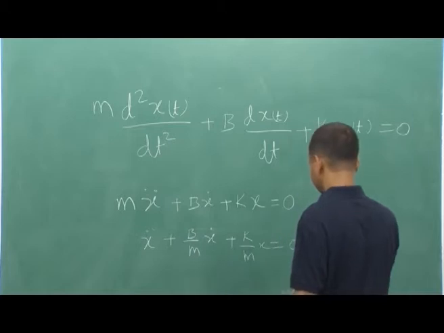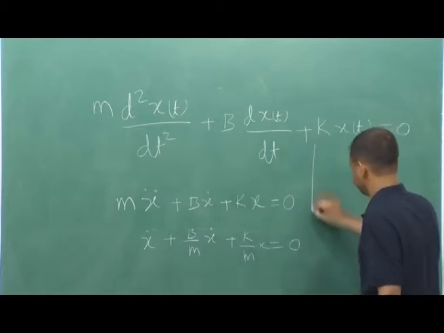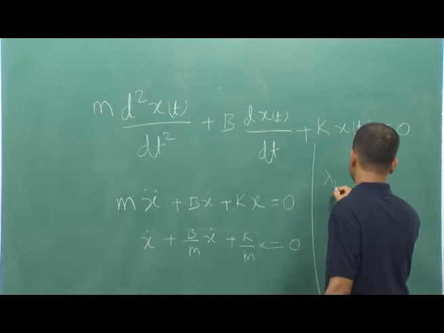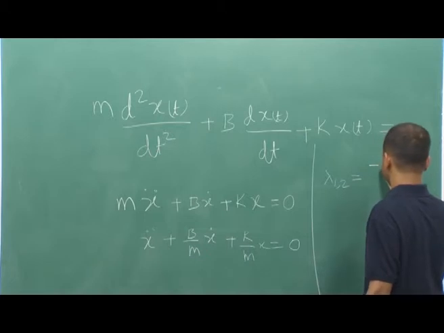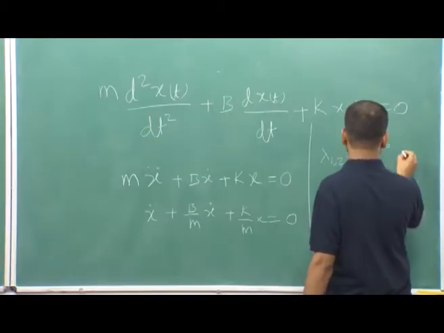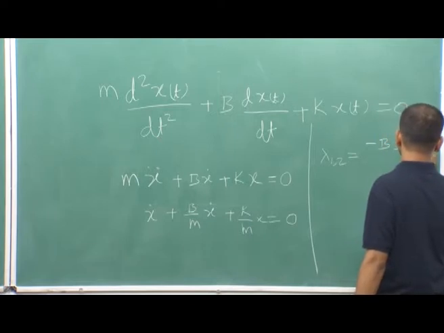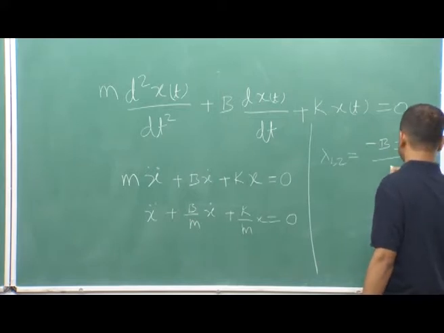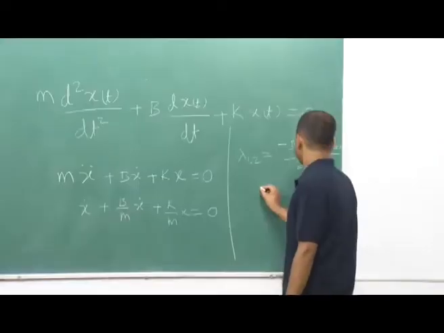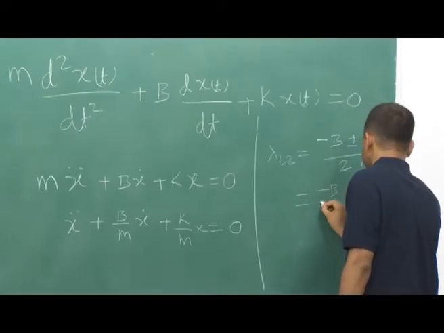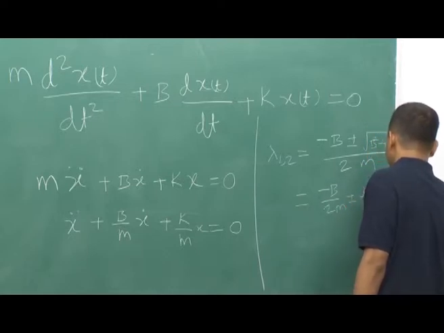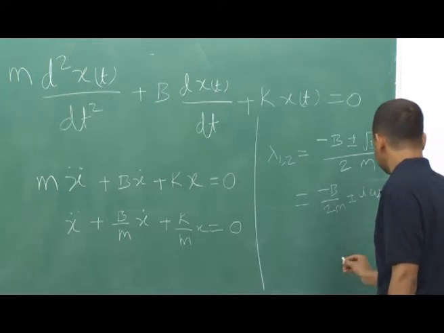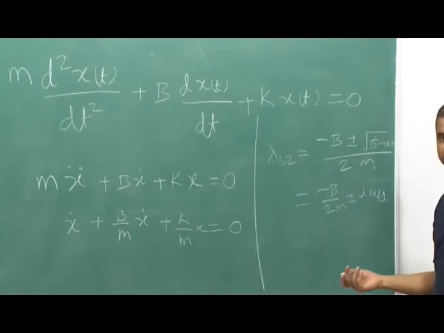If I see the roots of this equation, the roots are given by minus b plus minus root over b square minus 4 k m by 2 m, and this will be minus b by 2 m plus minus i omega d, and this omega d we call the damped frequency.